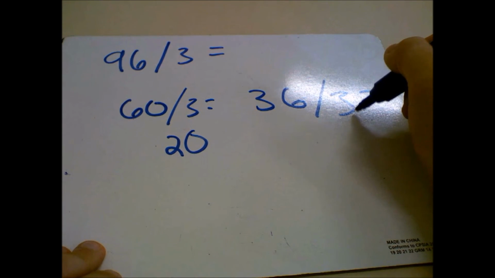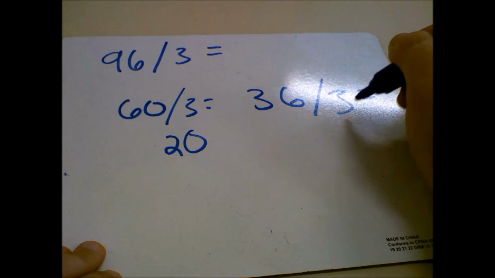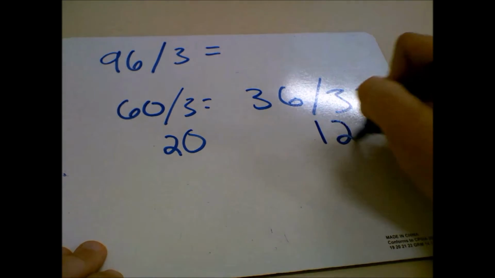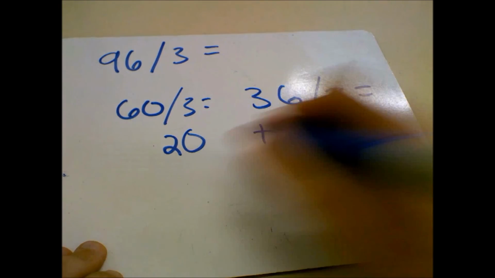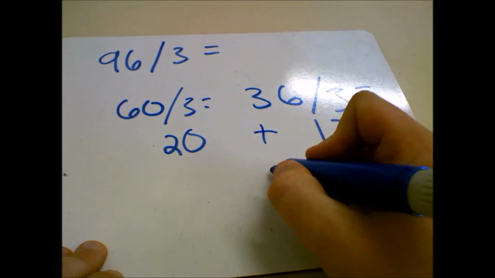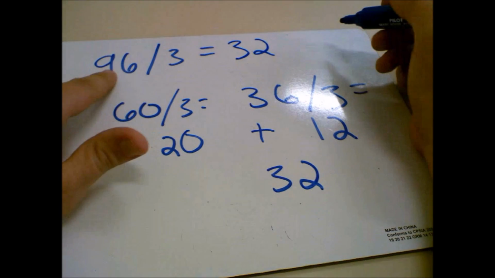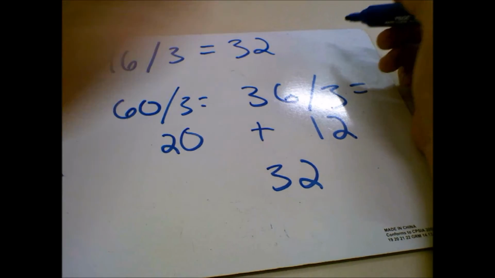How many 3s go into 36? What times 3 is 36? I would say 12. So 20 plus 12, 32. And again, 96 divided by 3 is 32.